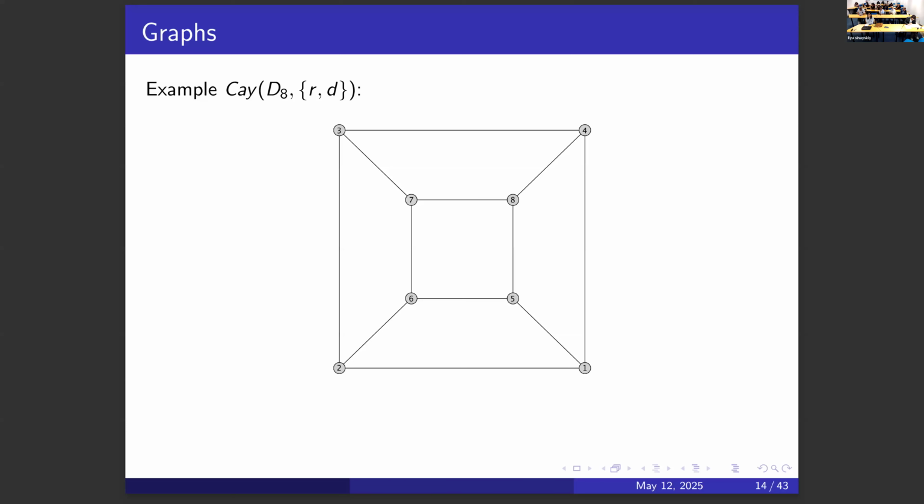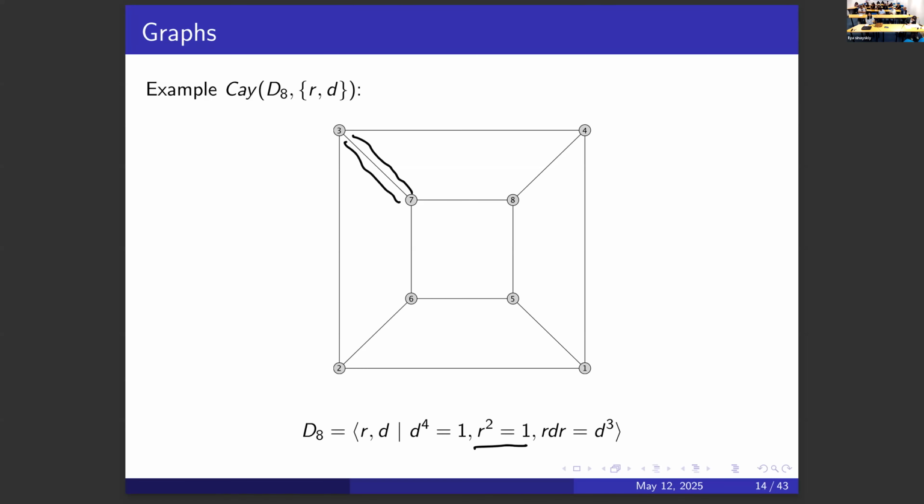So if you start here and you go R, you will go up to there. But if you start here and you go R inverse, which will give you R, it's the same thing as going up to there. But D will maybe take you down here, and then D inverse will take you to that side. And so each of these vertices only has three edges. So it's a three-regular graph.